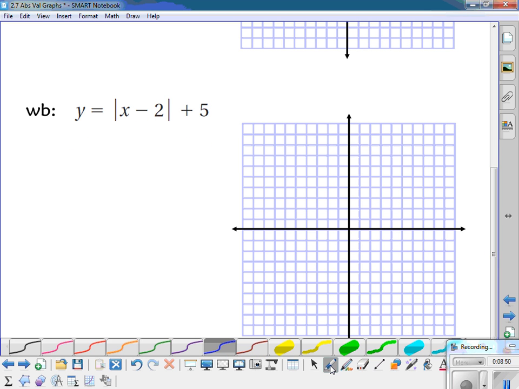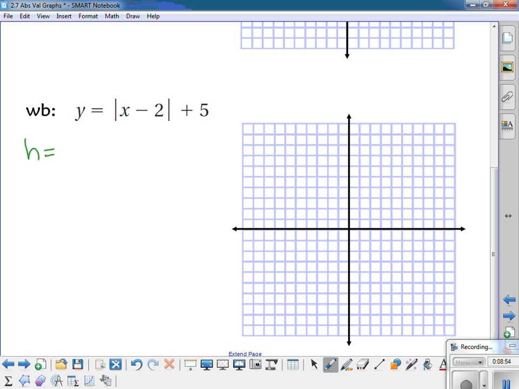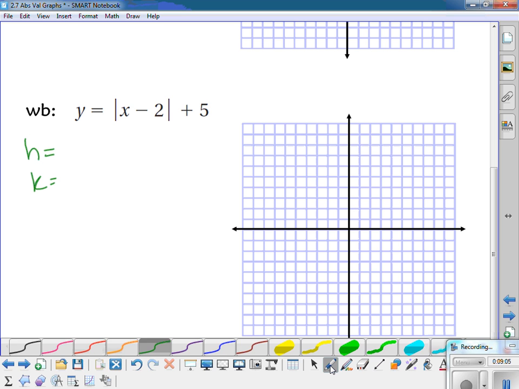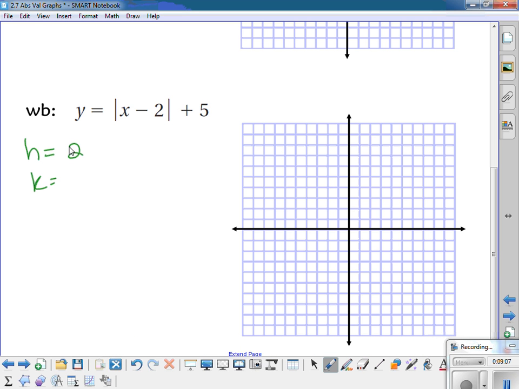If you want to, why don't you first show me what h and k are, just make sure you've got that right. Show me your h and k values. Okay, so do we agree that h is a positive 2 and k is a positive 5?